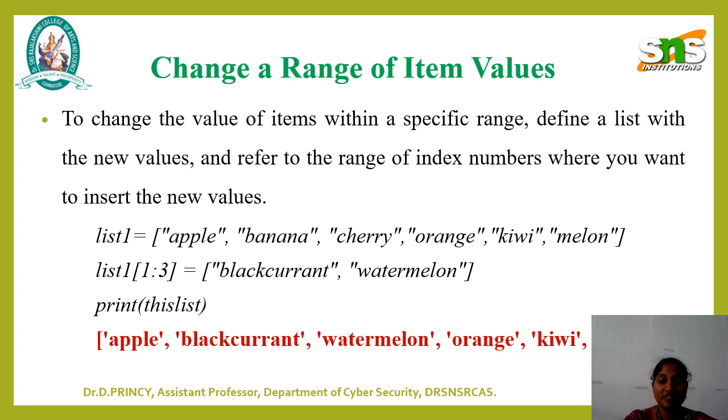I want to change the items from 1 to 3. That means 1 to not 3. Index 3 will not be included. So the second item is banana, the third item is cherry, which has index 2. I changed those items with the values blackcurrant and watermelon. So the resultant value is apple, blackcurrant, watermelon, orange, kiwi and melon.